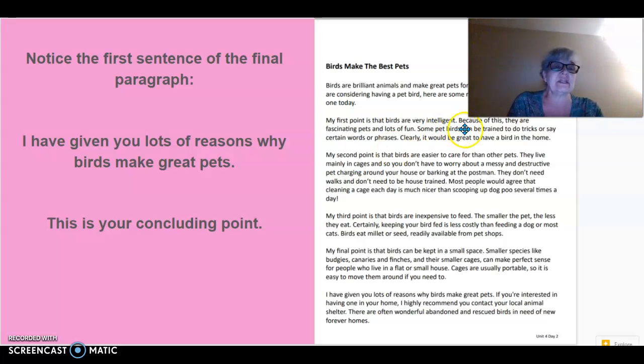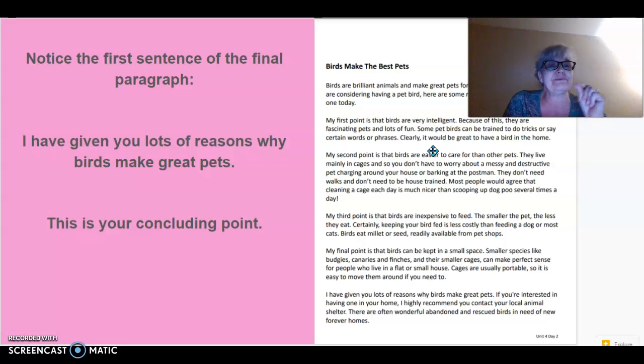First, she says, or he, because of this, they are fascinating pets and lots of fun. Okay, that's a little bit of extra information. They're fun and they're fascinating. She's used some good adjectives to describe them. Here's your example. Some pet birds can be trained. This is how they're intelligent, okay? This is how they might be fascinating.